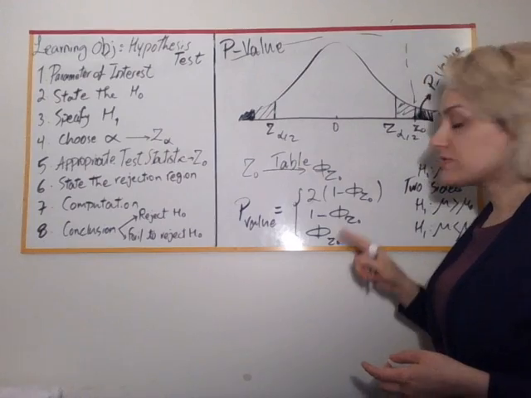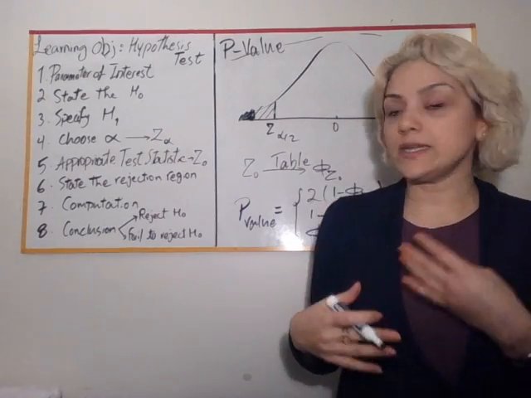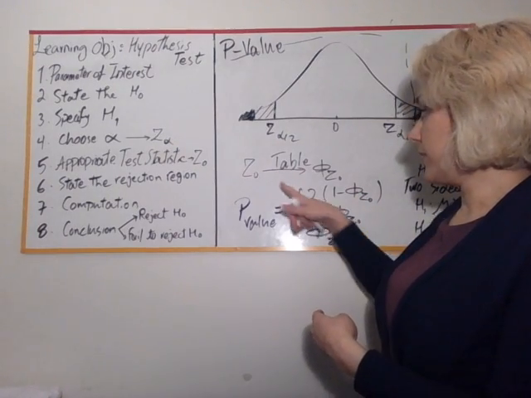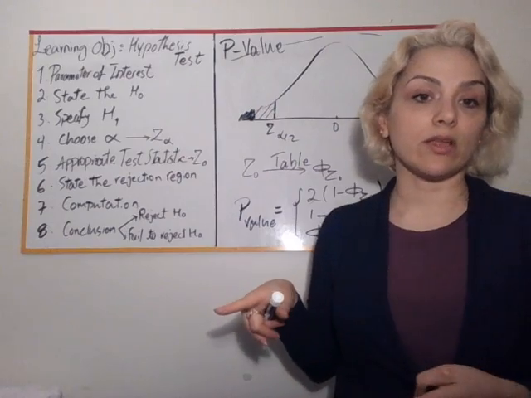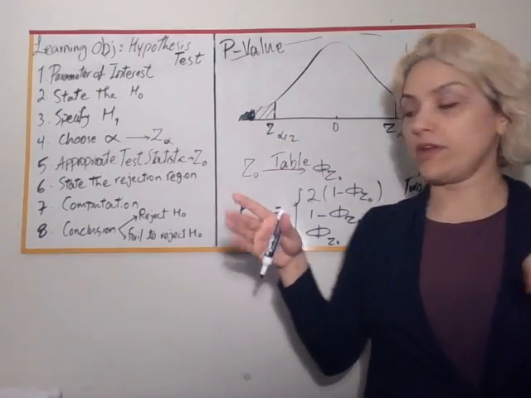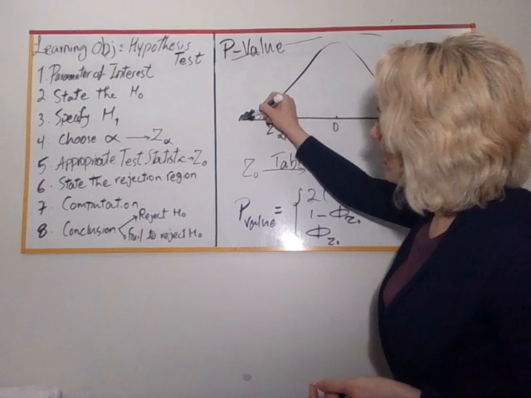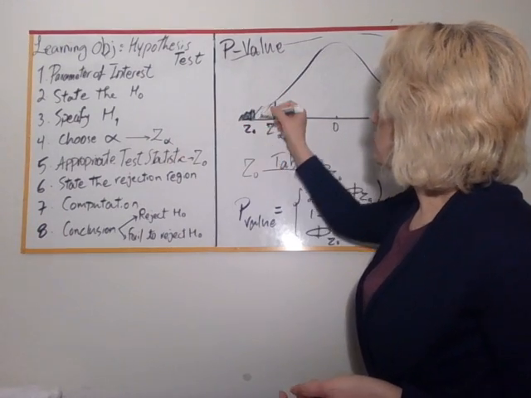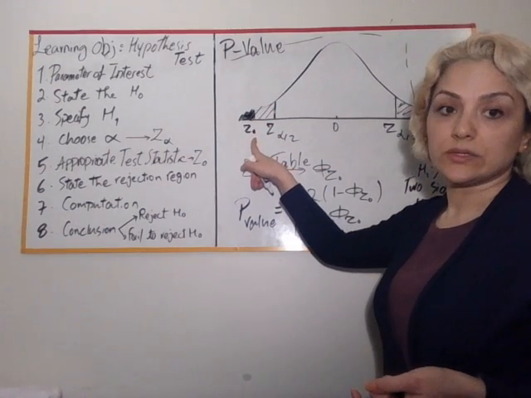When we want to find these phis, we go back to the table and read it for the z0 from the test statistic, whatever it was. We find the area under the curve up to this point.